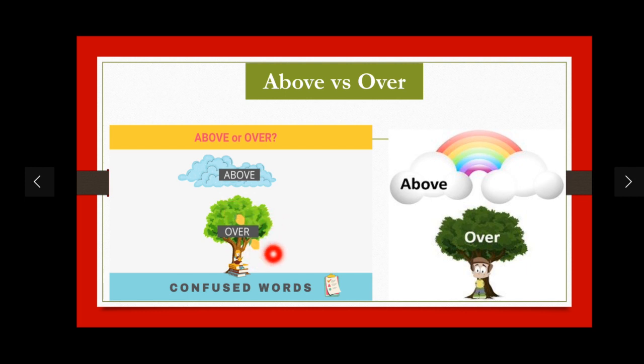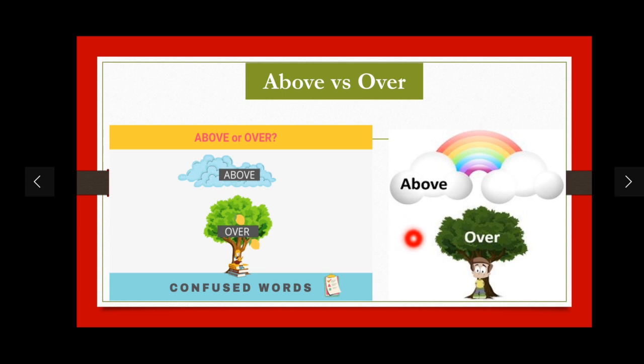Or something is much higher than another thing. So the cloud is at a much higher position than the person. So that's why we use above here. And over is used when something is less high than another thing or another person. So this is the first difference.